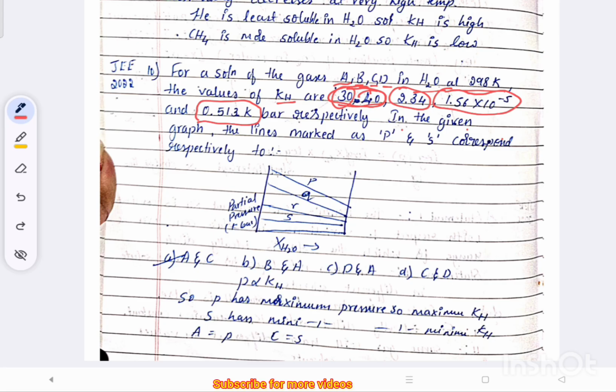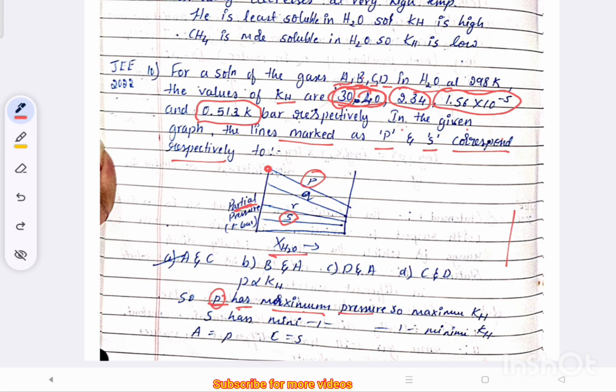In the given graph, the lines marked P and S correspond to which? So here we have to relate P and S to A, B, C or D. This is pressure versus mole fraction.